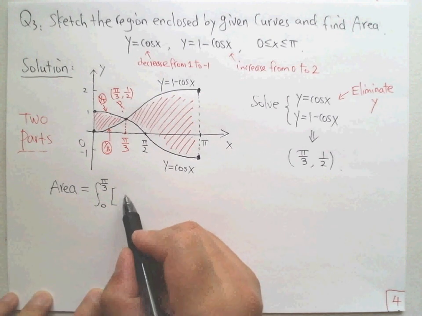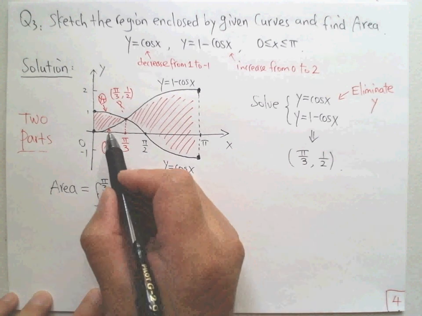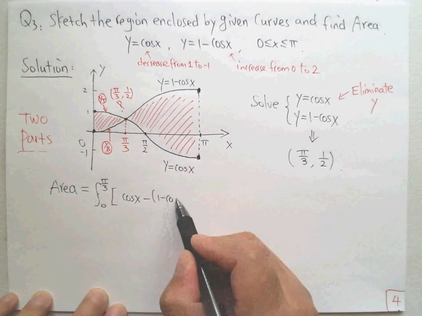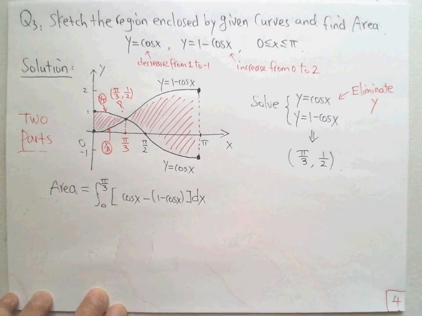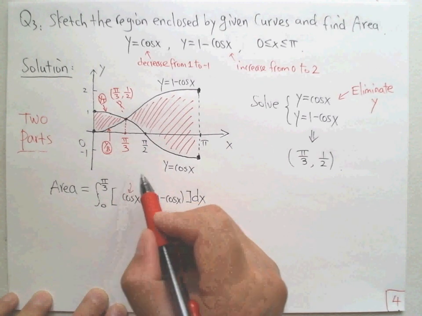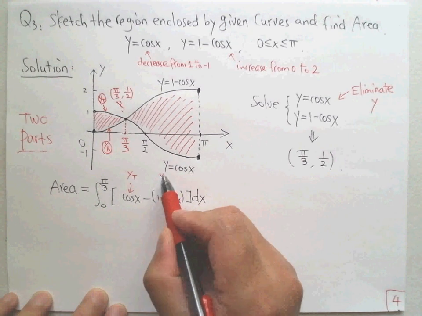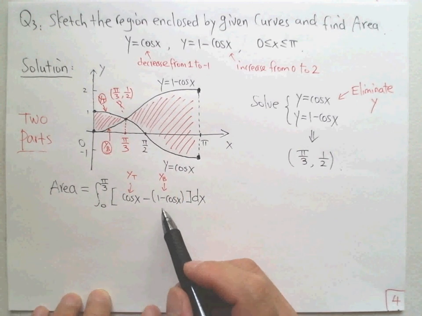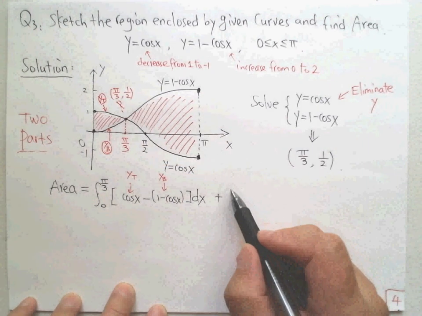So yt, the function, is y equals cosine x. I put it here: cosine x, then minus the bottom yb, which is 1 minus cosine x, and then dx. So cosine is yt, the top, and this is the bottom y. Now we have the first done.